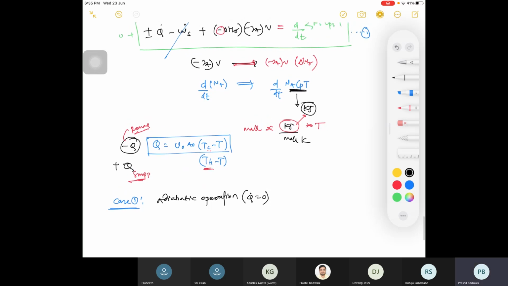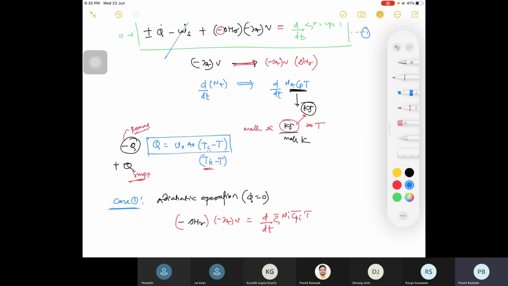So the equation is minus delta HR reaction at temperature T into your minus RA into V is equal to d by dt of summation of Ni Cpi mean and T.